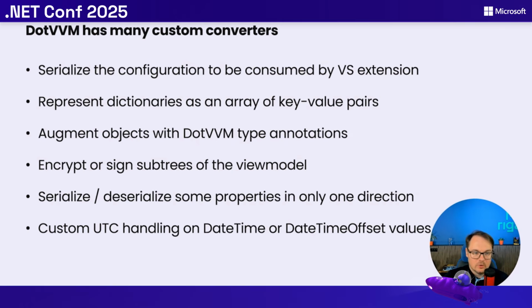We also want to provide the users client-side type annotations, so DotVVM serializes some type metadata in the JSON object. I already mentioned the encryption and signing, which is also done by converters, and the serialization attributes that affect the way in which the value could be or could not be serialized.